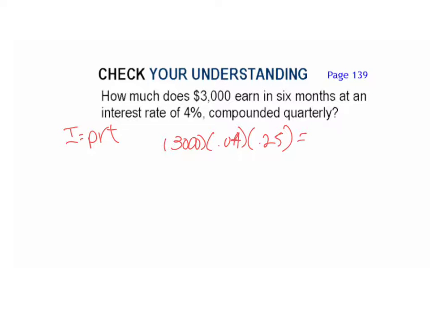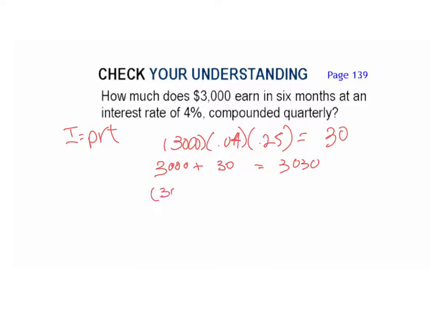If you plug that in to our calculator, we get $30. And we have to add that 30 for the next quarter. So 3,000 plus 30 equals 3030.